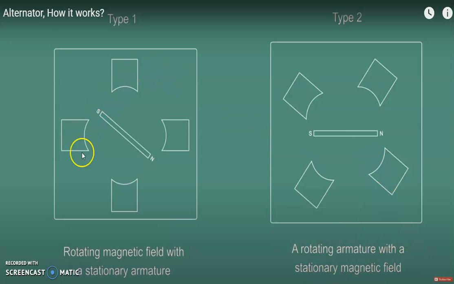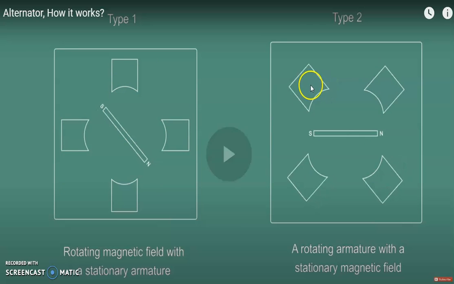That means in the first part, we will see the rotating magnetic field. This is the rotor side, this is the stator side. So this is the rotor and this is the stator. In the rotating magnetic field, the field is rotating while the armature is stationary. While here we are assuming that the armature is rotating while the field is stationary. In both cases, this is the field winding, this is the field, and the outer side we call the armature winding.